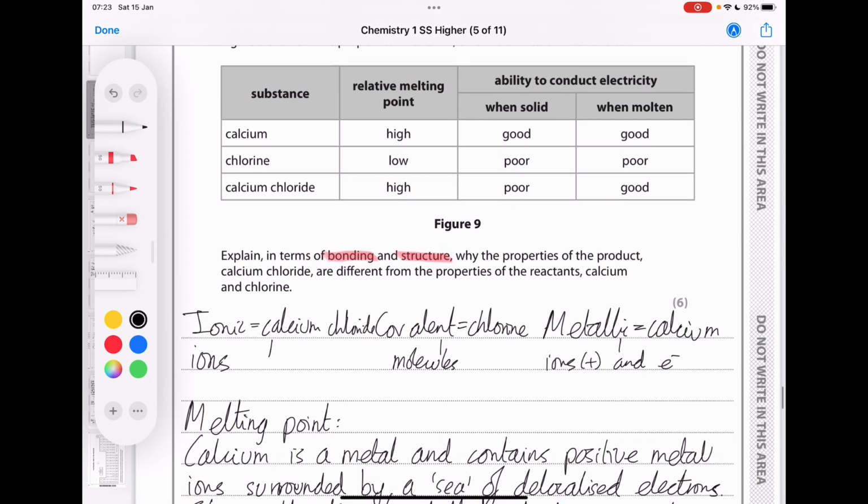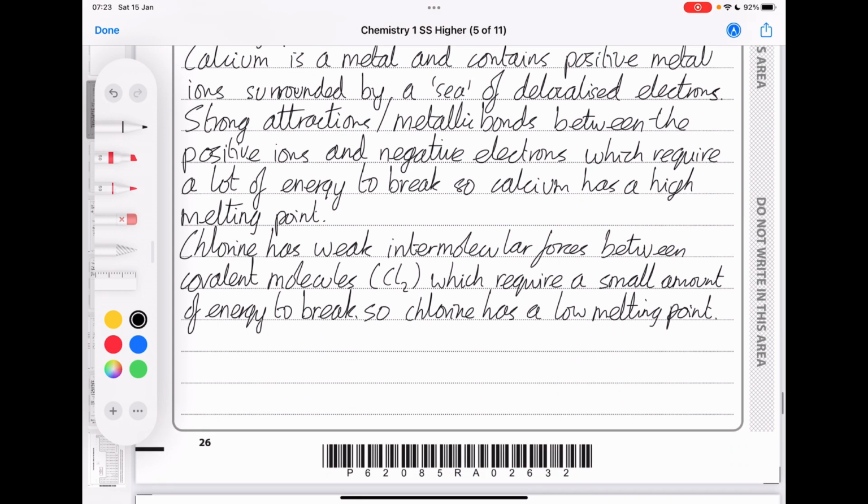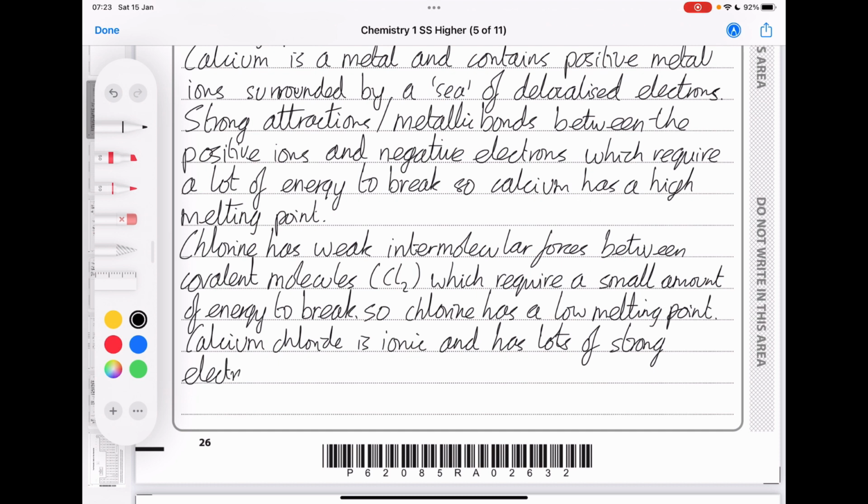Lastly, calcium chloride has a high melting point because calcium chloride is ionic and has lots of strong electrostatic attractions between the oppositely charged ions.